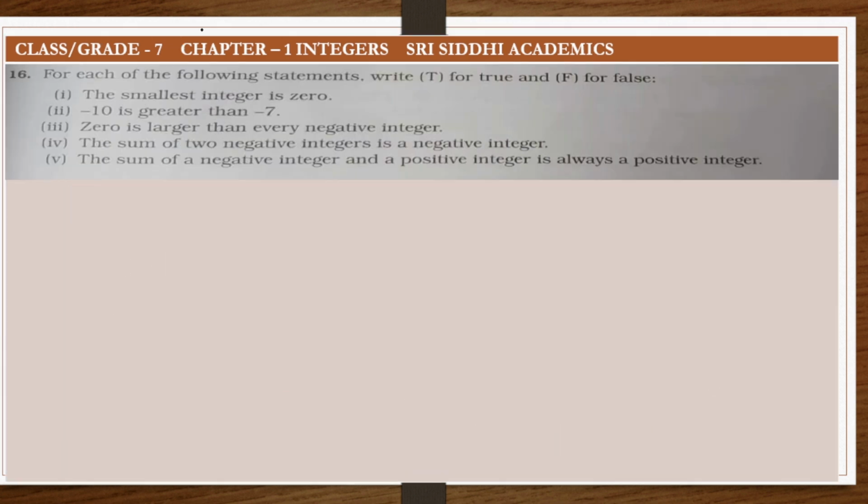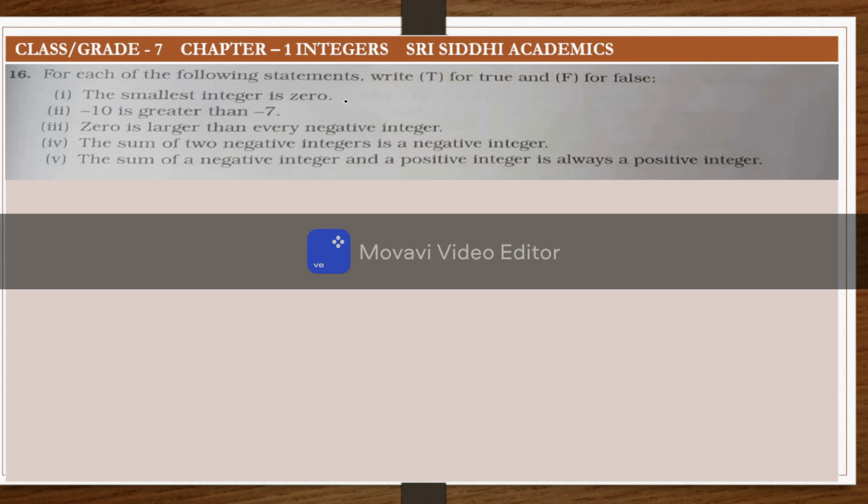For each of the following statements, write T for true and F for false. The smallest integer is 0. That's not true. Smallest integer, we do not know what it is. So it's undefined, right?